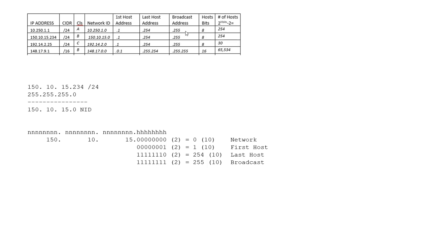Going up, our number of host bits, you've got those right there, 8 positions for the host portion, so that gives you 8 bits. And again, we use that formula, 2 to the number of host bits minus 2, is going to give me 254 for the number of hosts.